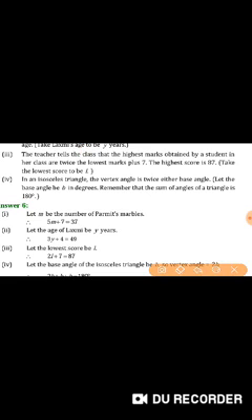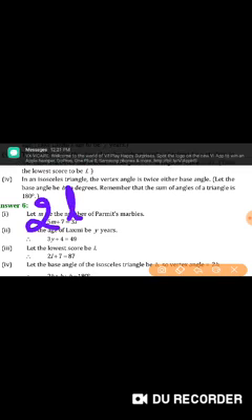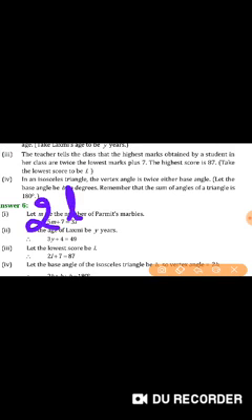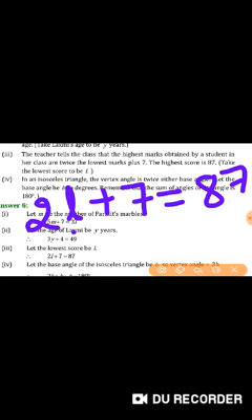They said take the lowest score to be L. If it is 2 times lowest marks plus 7, it gives the highest marks. So this is your equation.